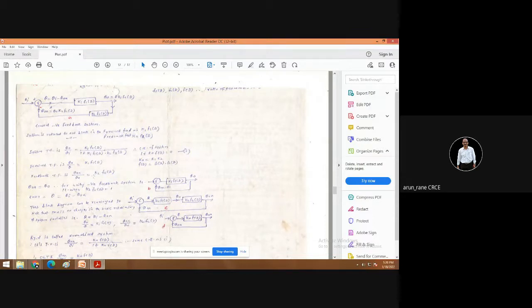Now applying the rule of negative feedback, you can get this transfer function, that is theta o upon theta i, as k1 f1(d), that is this is A and this is B, so this is negative, so A upon 1 plus AB. So you'll get this. Now this is called the characteristic equation, whichever is given in the denominator, that is 1 plus this. k1 k2 is replaced by k0 and f1 f2 they are replaced by f(d).